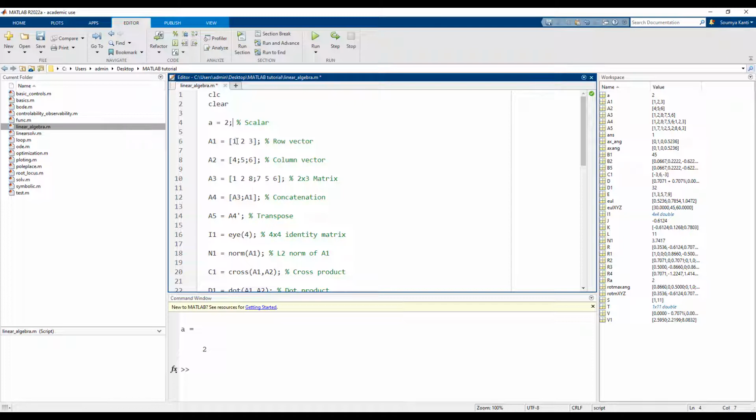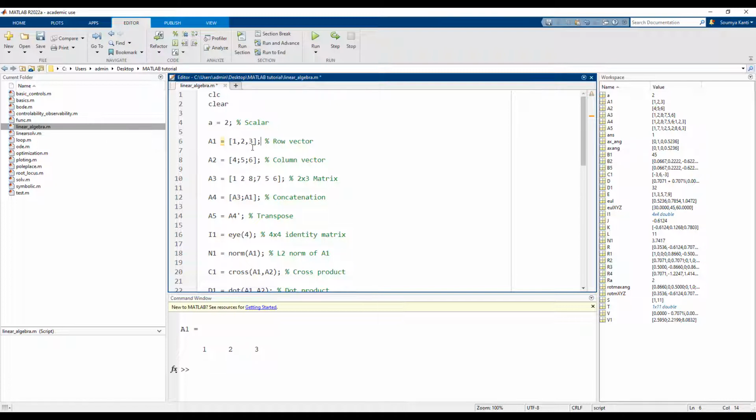You start with a square bracket and end with a square bracket, and then you can have the elements. The elements need to be separated either by a space or by a comma. If I run it, you can see that A1 is 1, 2, 3, and if I have commas between them, it will detect the same thing.